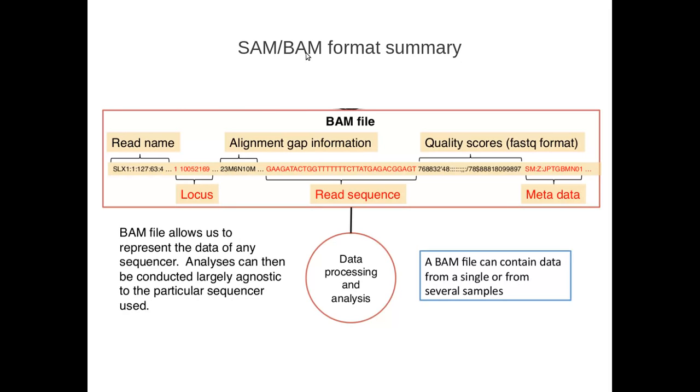A binary allows the information to be extracted much more rapidly by the software tools that we'll be using, whereas SAM is a human readable form that we generally don't work with. But when we're trying to understand what's going on in a particular alignment, we often will work with SAM, and that'll become clearer as we go along.